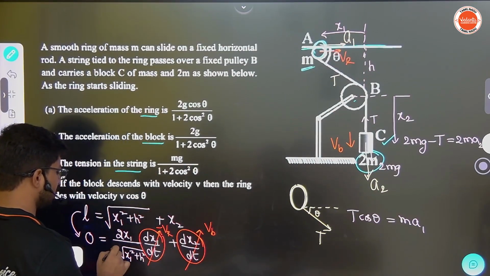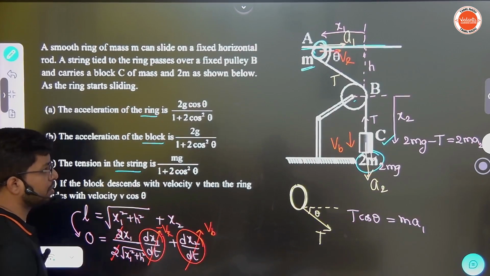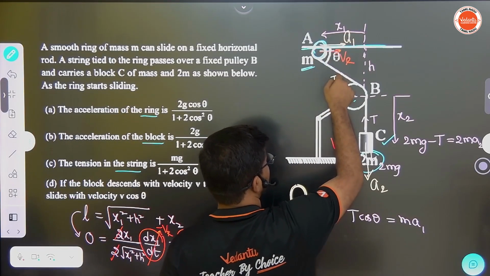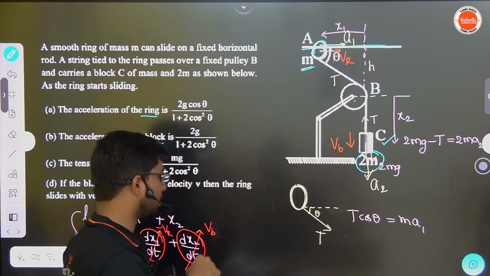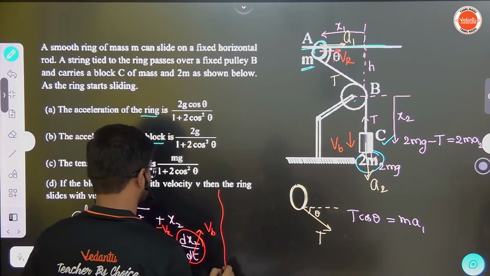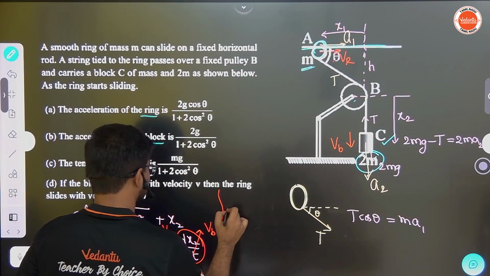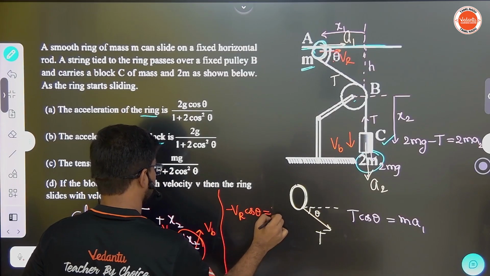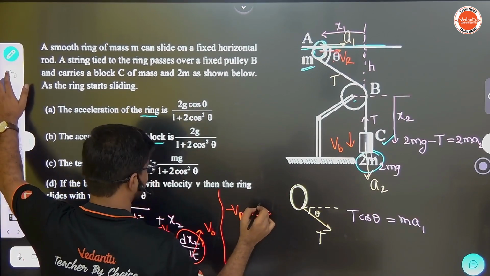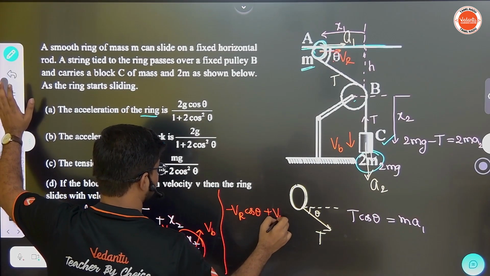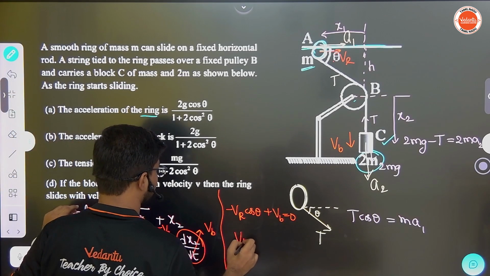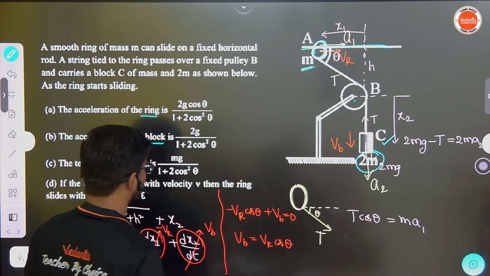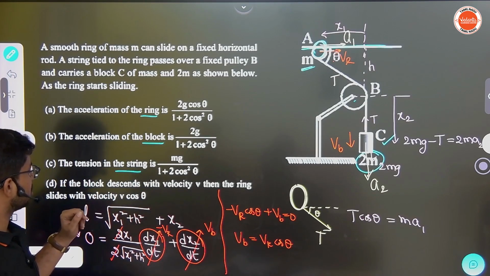Now it is very simple. 2 gets cancelled. What is x1 divided by under root of this length? x1 divided by this is cos of this angle. So this is minus vr cos theta plus vb equal to 0. So you'll get vb is equal to vr cos theta. Is this correct?